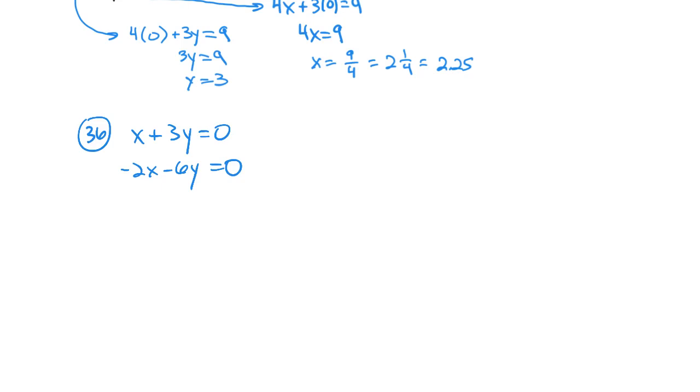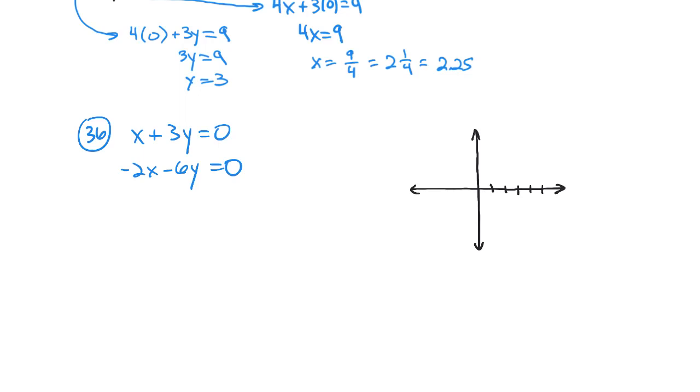And so we can do that. Also, if you put them both in slope-intercept form, you're going to see that they're the same line. So then you wouldn't really even need to graph them. But let's just say we're not sure what's happening. We're just going to graph both of these.